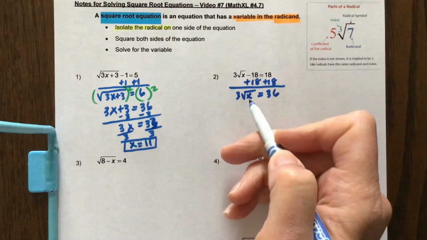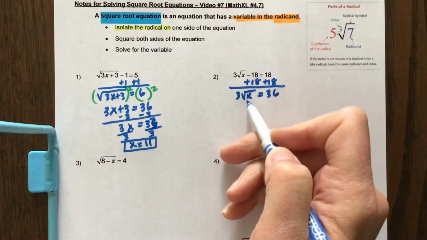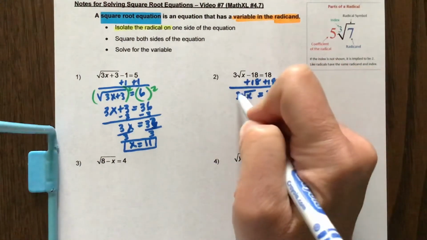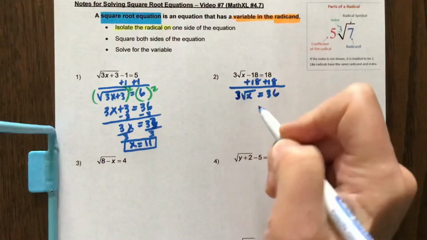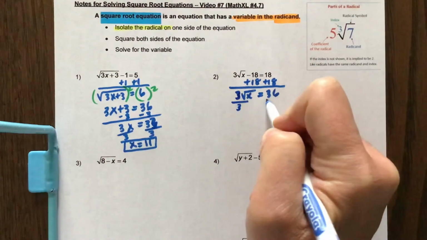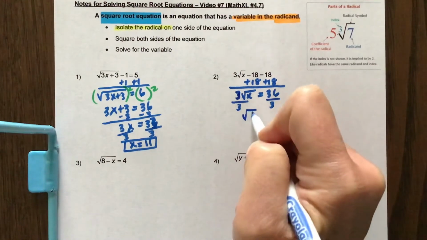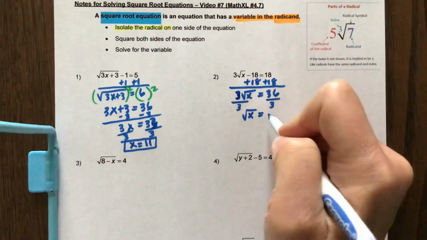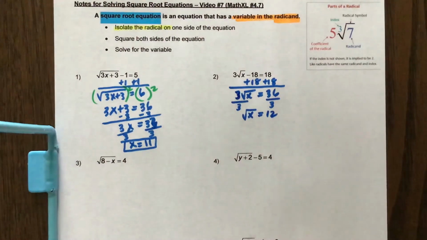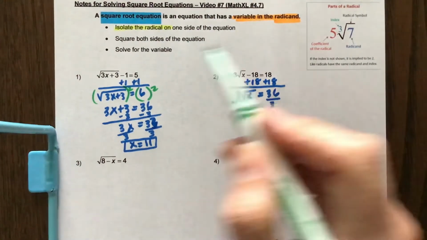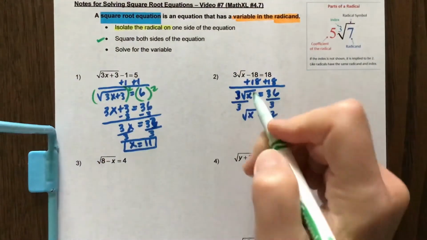We still don't have that radical symbol isolated. We've got this 3 that we need to remove. Since that 3 is being multiplied times the square root, we'll have to divide by 3 to get rid of it. So now we've got the square root of x is equal to 12. Now we've got the square root isolated, so then we have to square both sides of the equation.